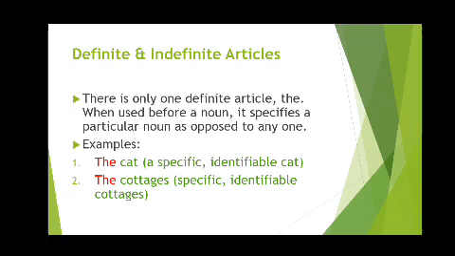The cottages. Now they are referring to a particular set of cottages which they may have mentioned earlier, as we discussed in our difference between determiners and adjectives. These determiners sometimes refer back to something. So here the cottages are referring to something which has been mentioned earlier.